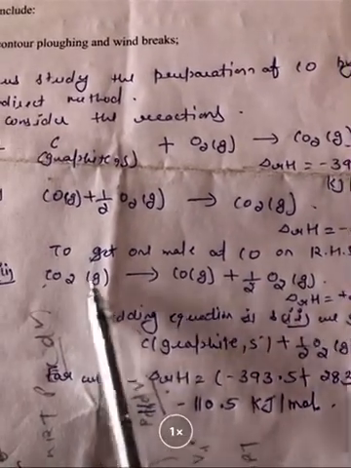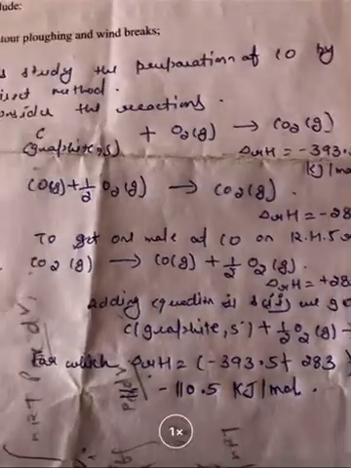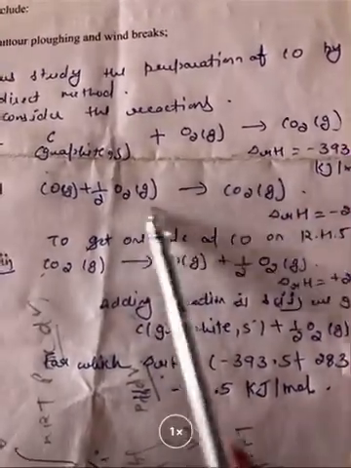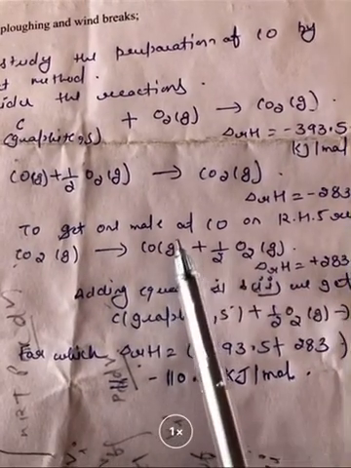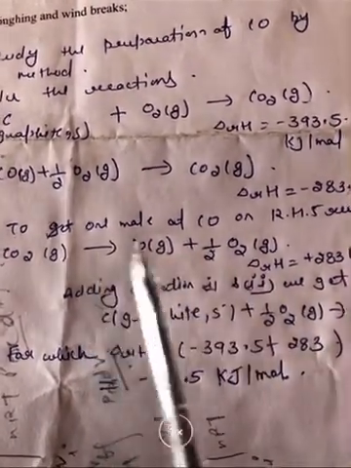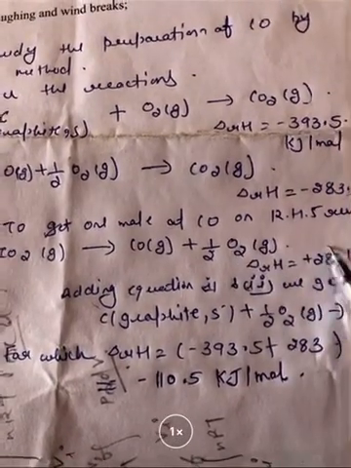Clear? So to get 1 mole of carbon monoxide on the right hand side, reverse the second equation: carbon dioxide gas, with the absorption of heat energy, is converted to carbon monoxide with a limited amount of oxygen.